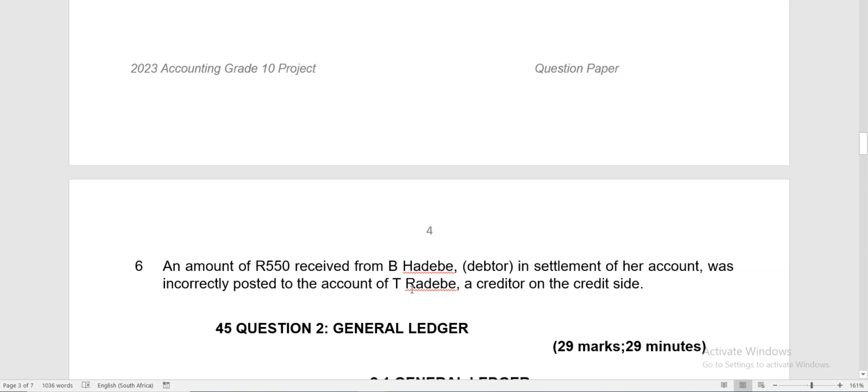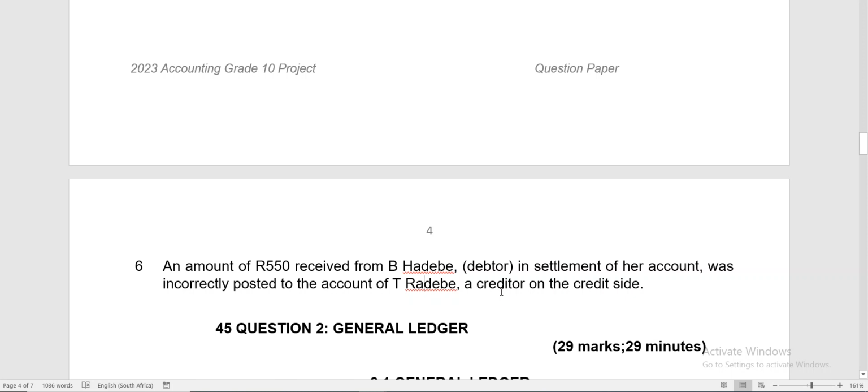Now remember here what is happening is that T Radebe's account, the thing is that we posted by mistake on the credit side, so we must correct that mistake first. We start with that. We posted on the credit side, and then when we reverse, it means we were supposed to post it on the debit side. Okay, so remember this was recorded actually as if this person was buying. So what must we do?